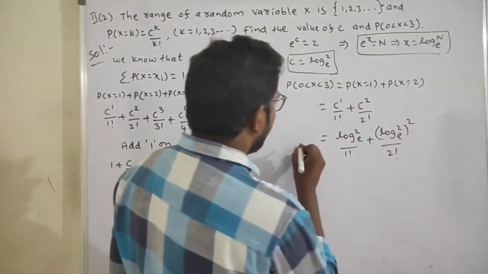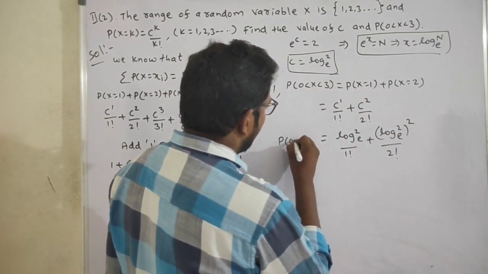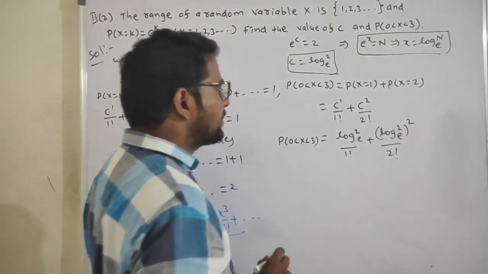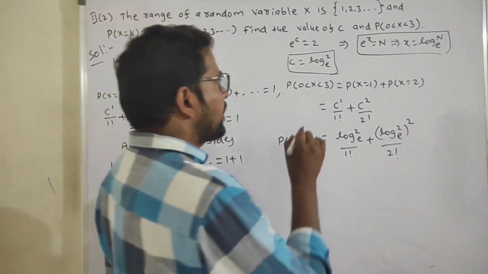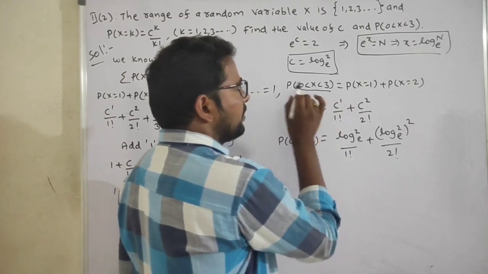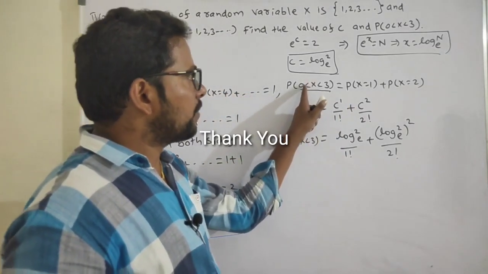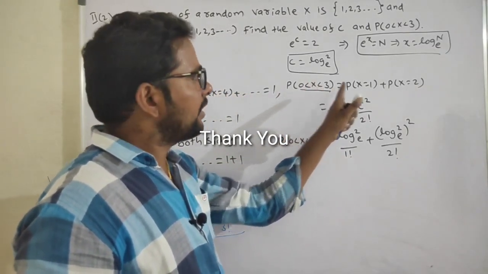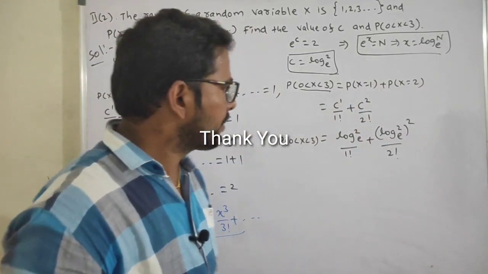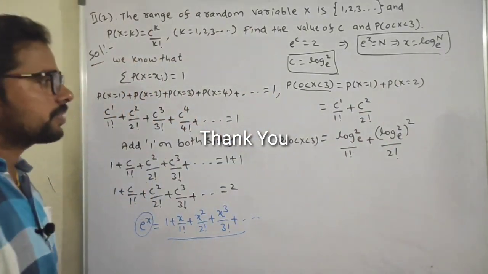This is the value of P of 0 less than x less than 3. Be careful with this condition: 0 less than x less than 3 means x must be greater than 0 and less than 3, so P of x is equal to 1 plus P of x is equal to 2. So this is the solution of the second question.